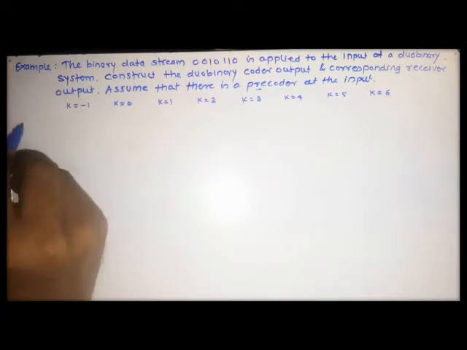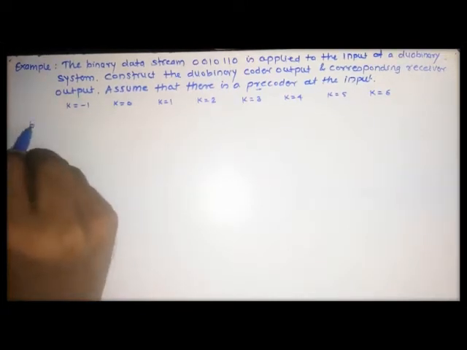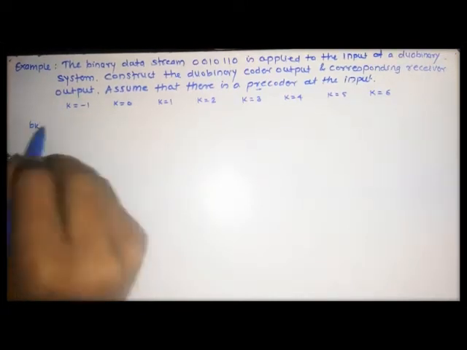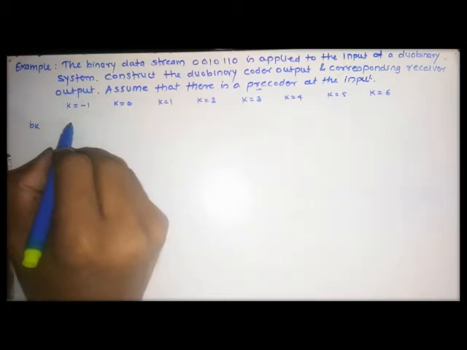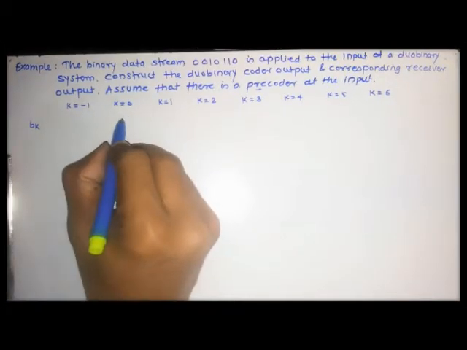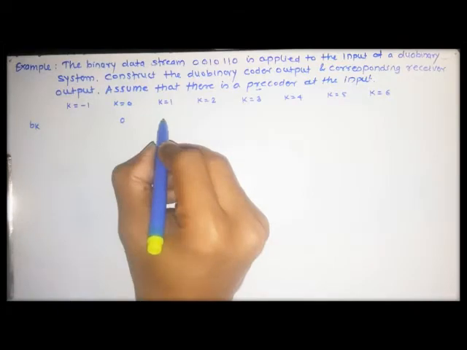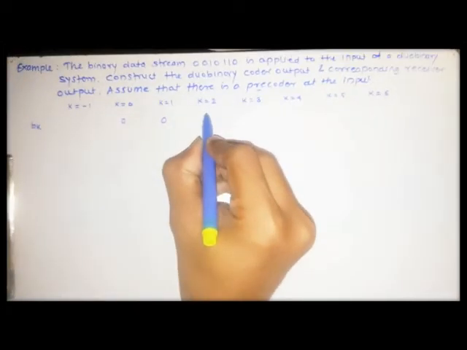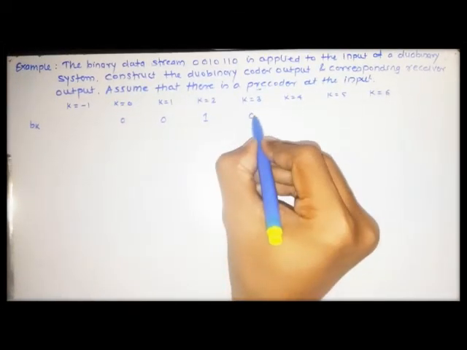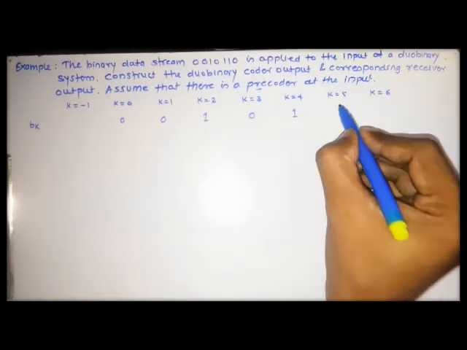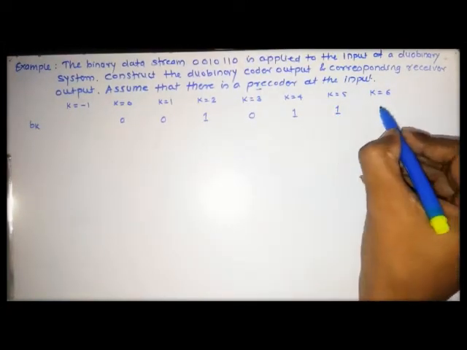Now we are writing the bk sequence, that is a binary sequence. Now this is given as 0 0 1 0 1 1 0.